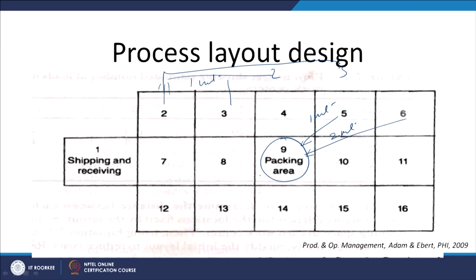And when the material is packed at packing area 9 and brought to store 1, the distance to be travelled is 3 units. So, like this, the distances to be travelled are counted. Here it is just showing the current layout.